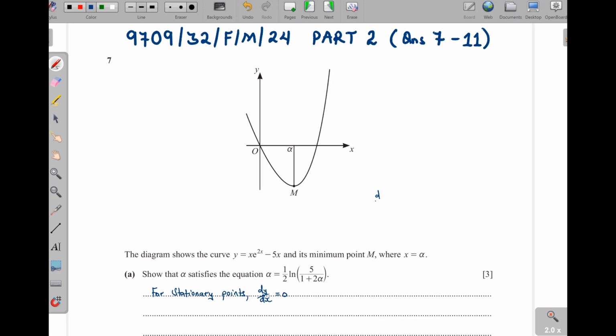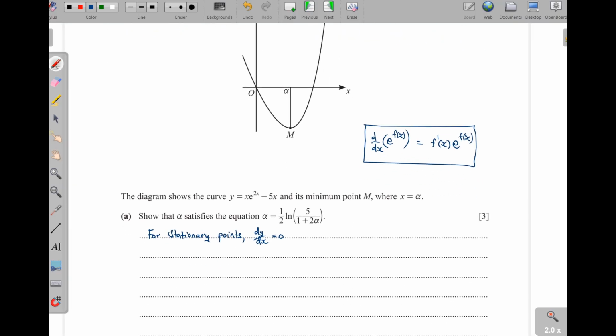Now you know that when we differentiate an exponential function, all we need to do is to get the function, we differentiate it, and then we multiply all through. As simple as that. So we shall need to apply that one somewhere. So what are we going to have here? Our dy dx shall be equal to, this is a product of 2 functions, the algebraic function and then the exponential function.